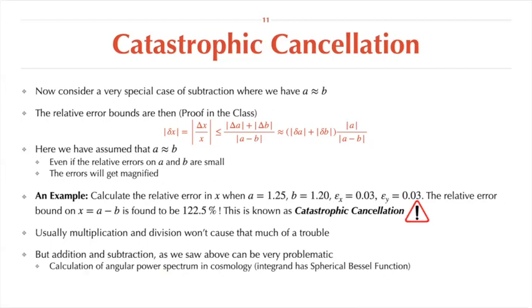In my personal case, I have faced this problem over and over again when I was calculating the angular power spectrum. Because the angular power spectrum has a spherical Bessel function in its integrand, and they oscillate wildly, and the sign keeps on changing. You now have to add quantities of the same order but with positive and negative signs.